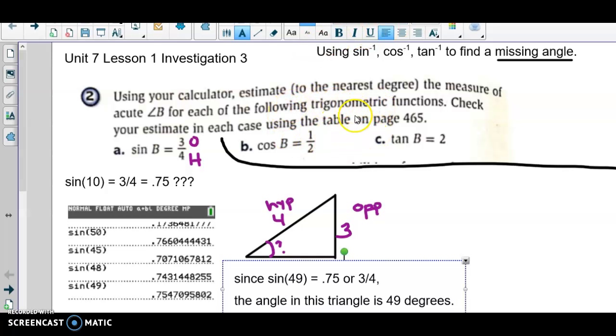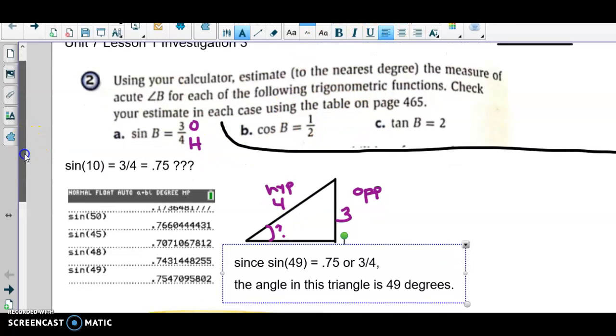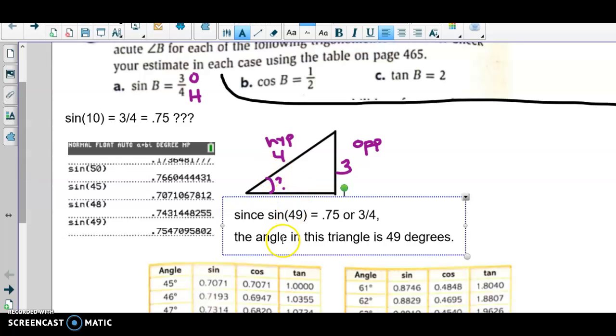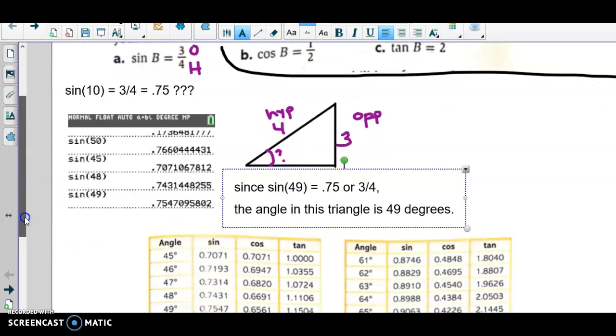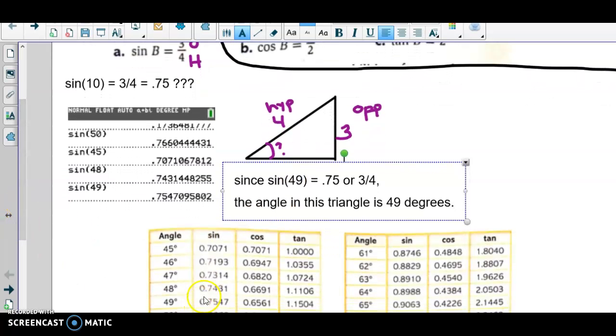It says to go back and use the table on page 465. If we look at 49, yep, the sine at 49 is 0.75. Do you see that?